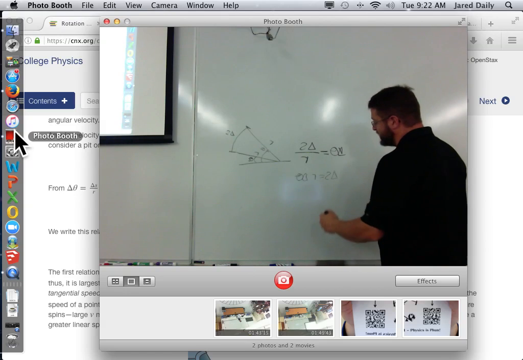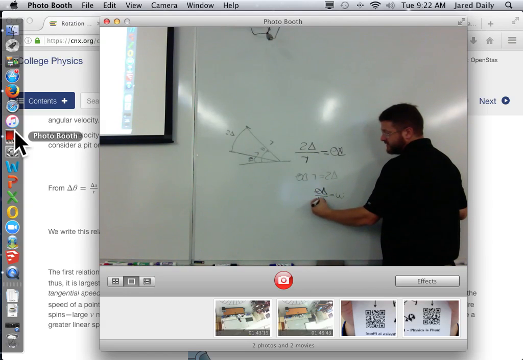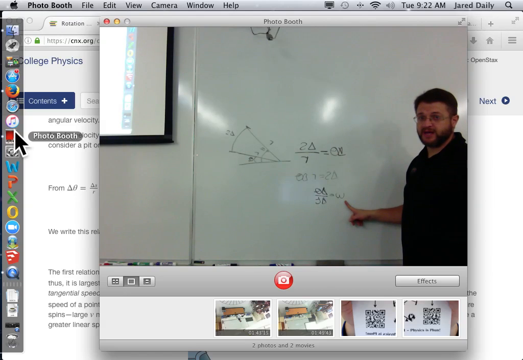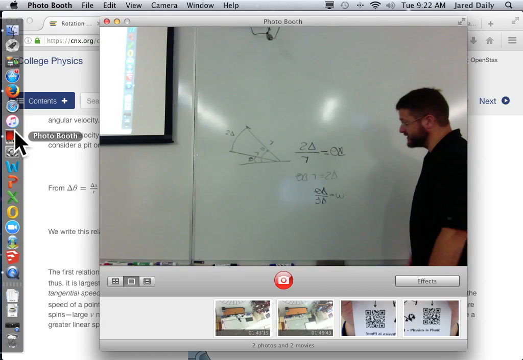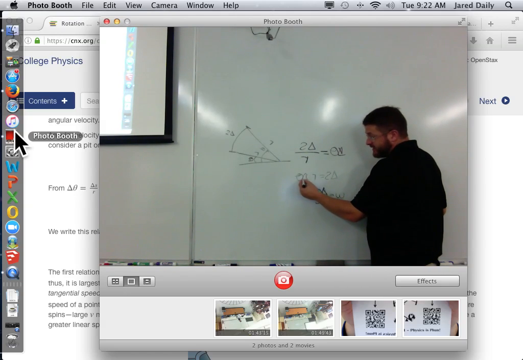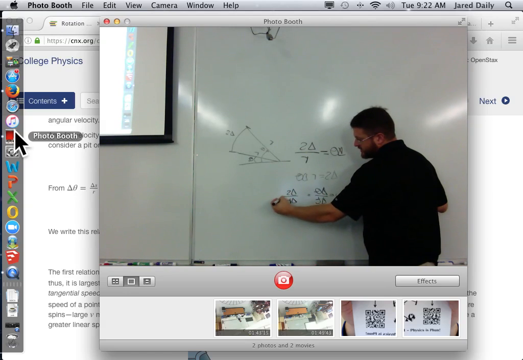But then, omega is delta theta over delta t, omega being angular velocity, or how fast we rotated from one angle to another. Delta theta can be rewritten as delta s over r, and this is also over delta t.